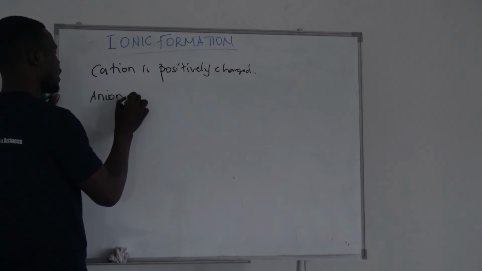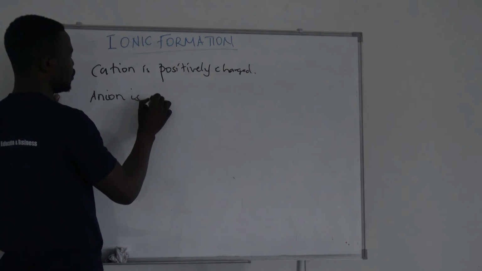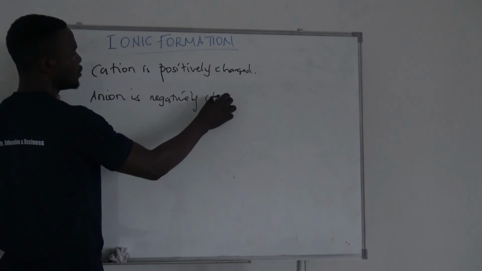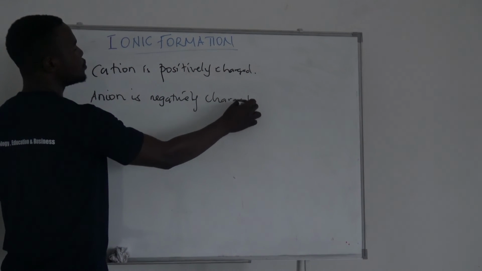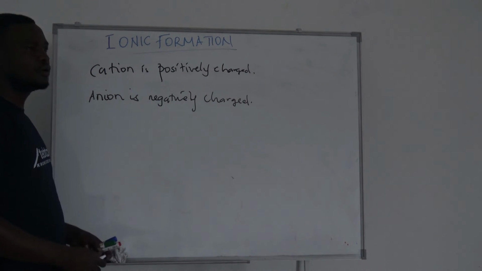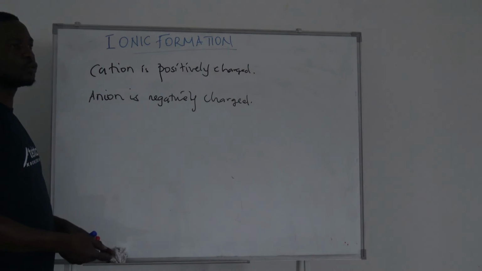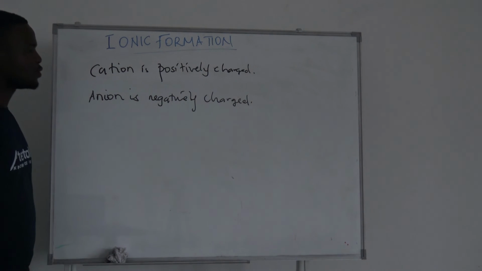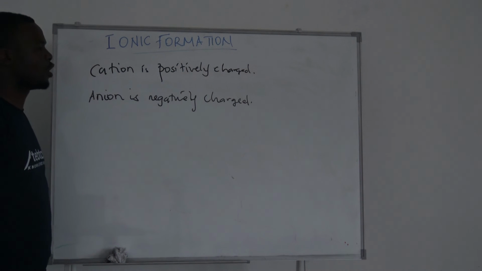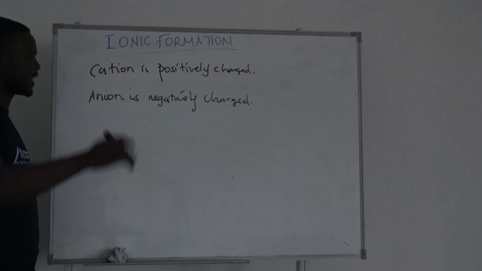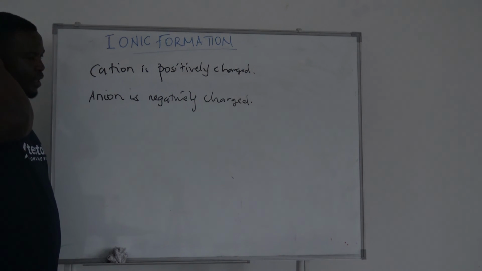Then an anion is negatively charged and it is formed when one or more chemically combined atoms gain electrons to form a stable electronic configuration that looks like that of a noble gas.